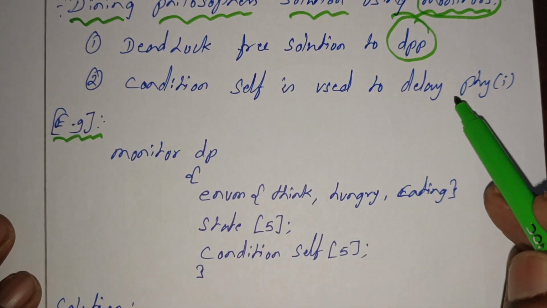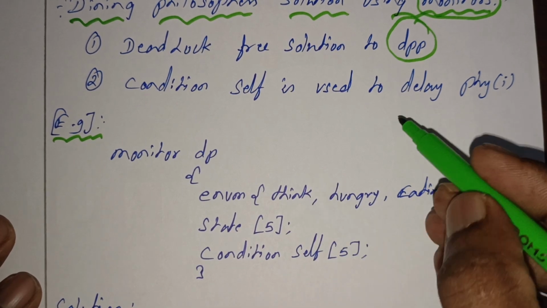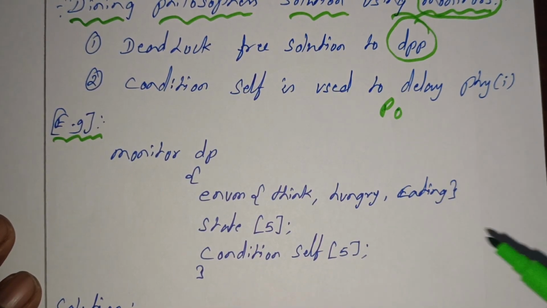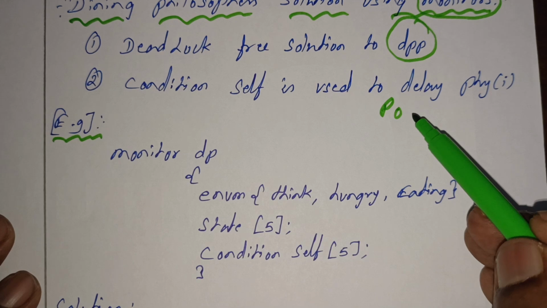It is used to delay the philosopher when he is hungry. Say for example, philosopher number 0 is hungry, but this philosopher is not able to find the adjacent chopstick to eat.